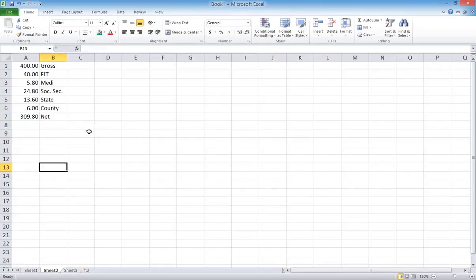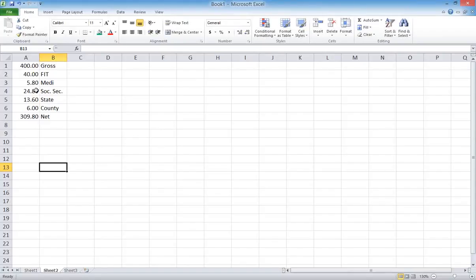For our company, they would have to match our $24.80 here, the $5.80, and they would also have to pay, in Indiana, a percent up to the first $7,000 that you earn.